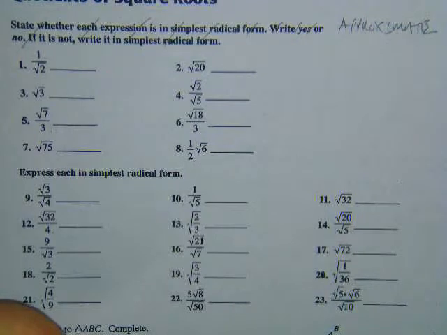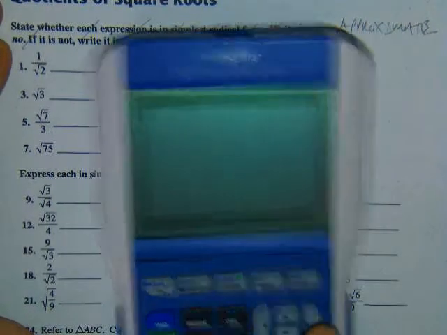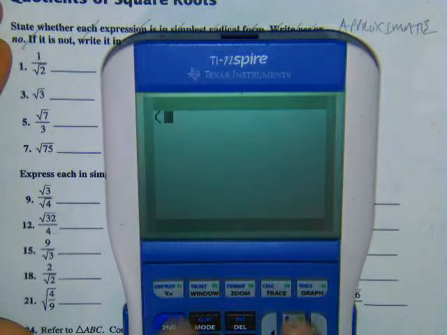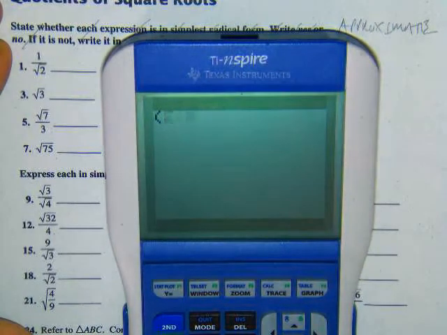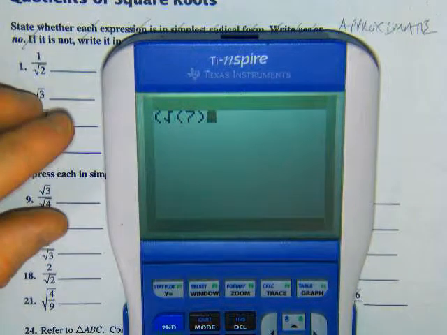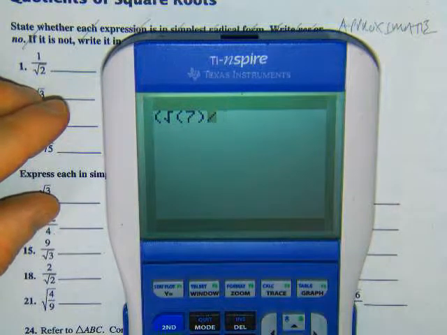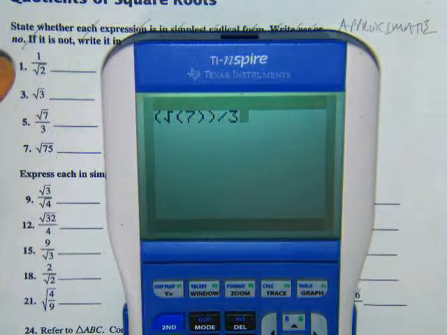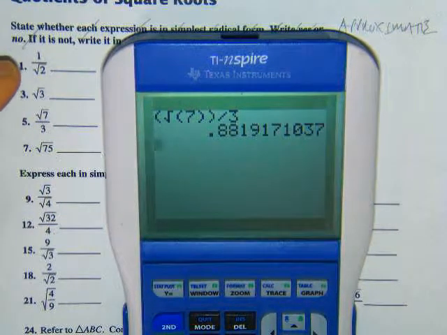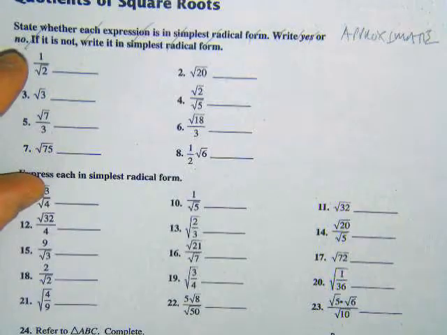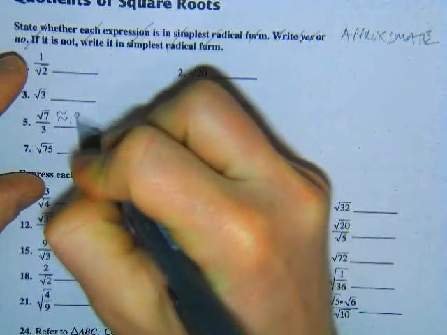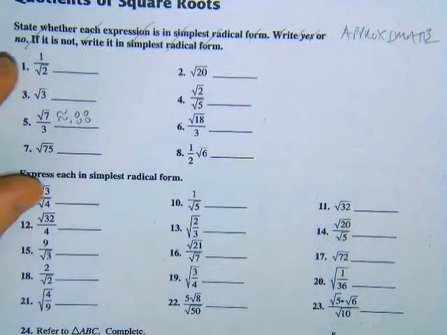So like square root of 7, close it, so square root of 7 divided by, see, I'm going to make sure it's closed, divided by 3. 0.8819, so 0.88. I'm trying to show you what else.